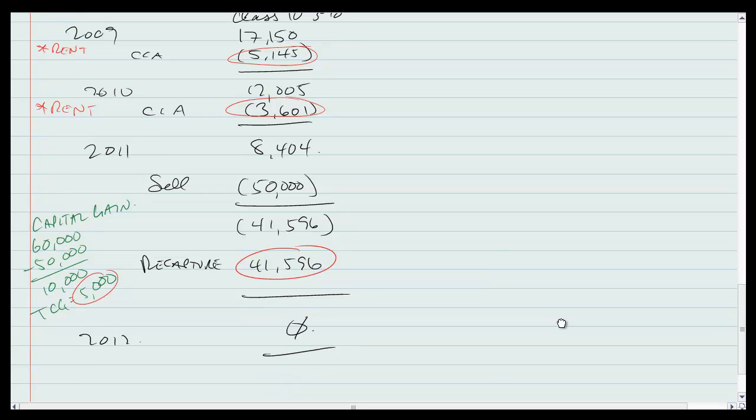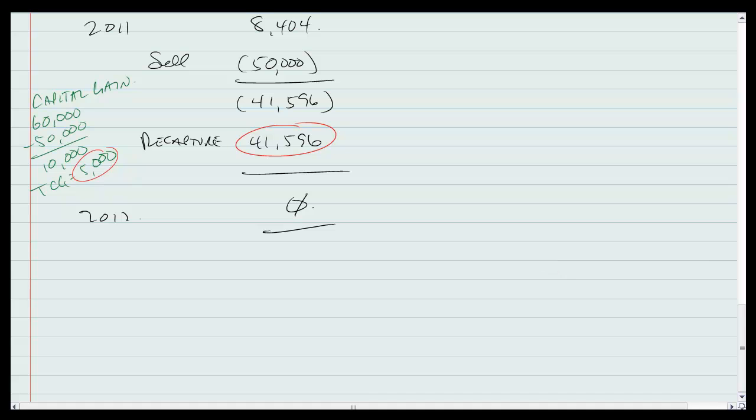Then just to continue this scenario, in 2012, they don't buy the new computer yet. They just continue to have this rent that they were doing before, but that doesn't affect the UCC schedule. Then in 2013, they buy this new computer, but it goes again, like we saw in the previous exercise, in a new class with the higher rate. But the fact that it goes in a new class under voluntary, which is what we're doing right now, who cares? It's in a new class. So class 10 has a 0 balance.